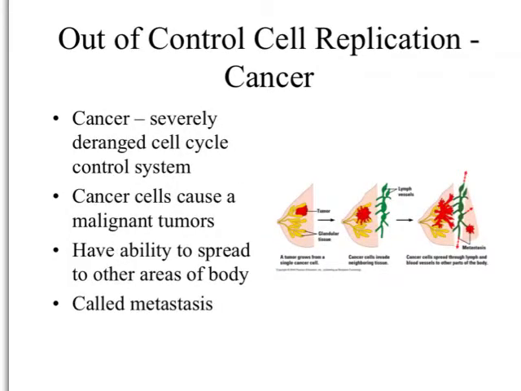Now, what we think of as cancer, not just a tumor, is basically a severely deranged cell cycle control system. It's out of whack. There's no check system, and these cancer cells are continually growing and dividing, and they have the ability to spread to other parts of the body.